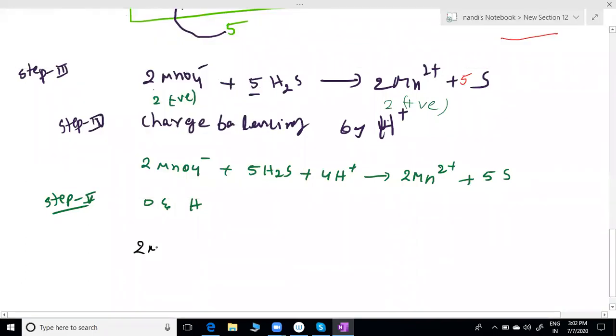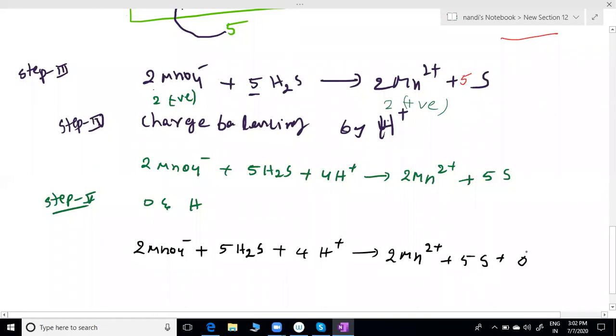So 2 MnO4 minus plus 5 H2S plus 4 H plus ions gives rise to 2 Mn2 plus, 5 sulfur. I'm adding 8 H2O.